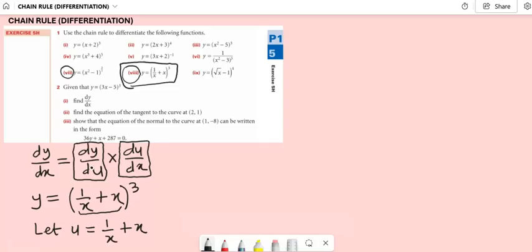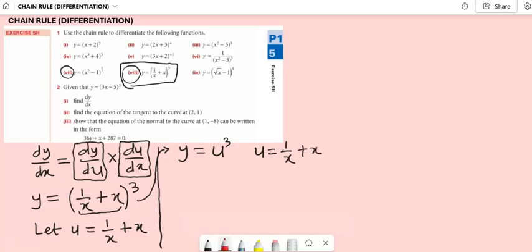Now, if my u is that, this equation here, my y can then become u raised to the power of 3. And don't forget, my u itself is already equal to 1 over x plus x.